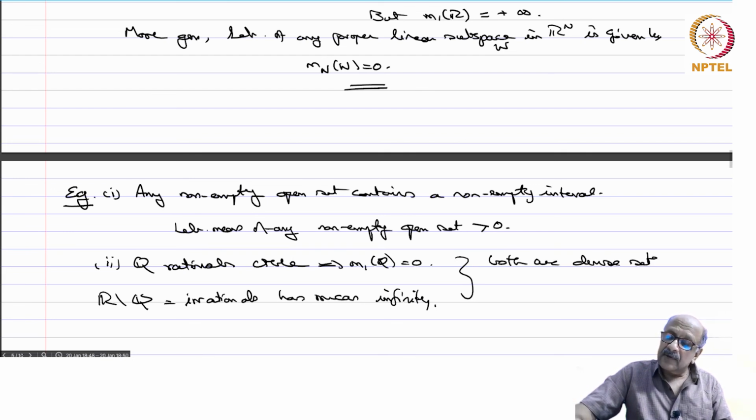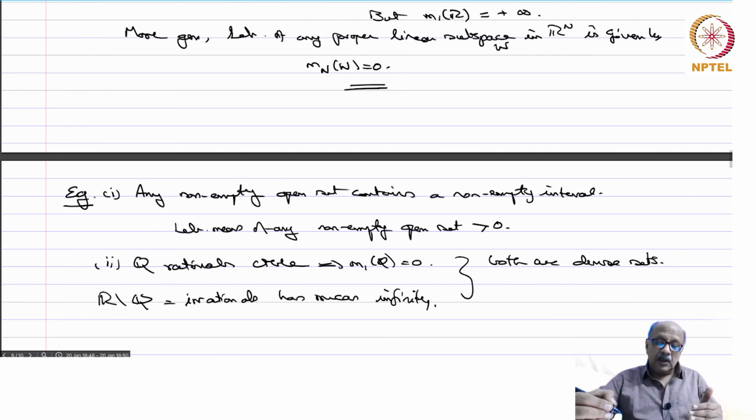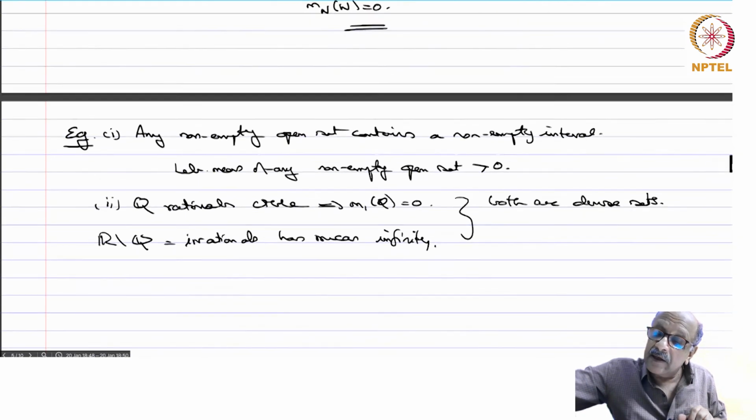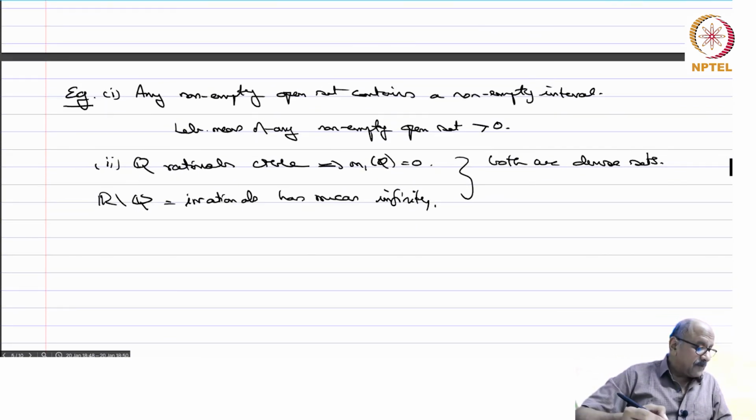So denseness and measure don't have any connection, because you can have a dense set of measure 0, namely Q, even though it is more or less everywhere. Okay.